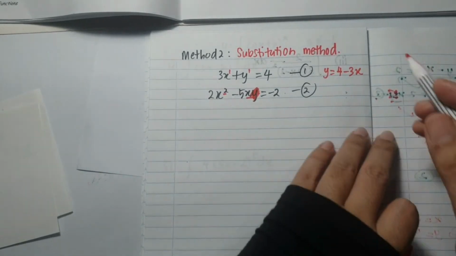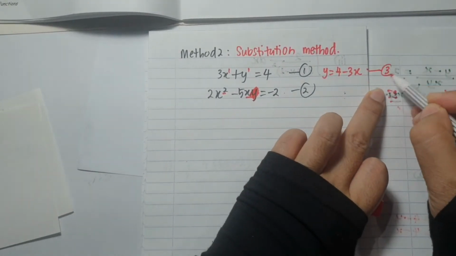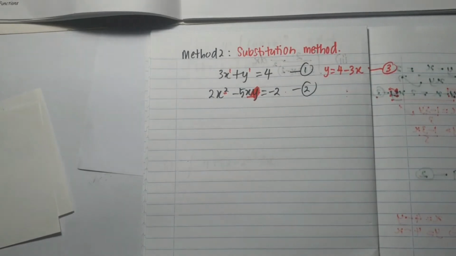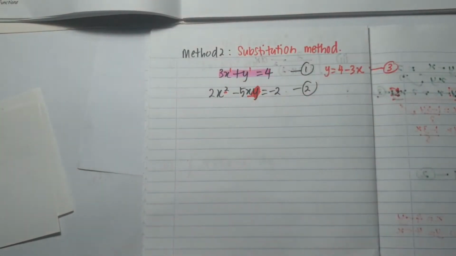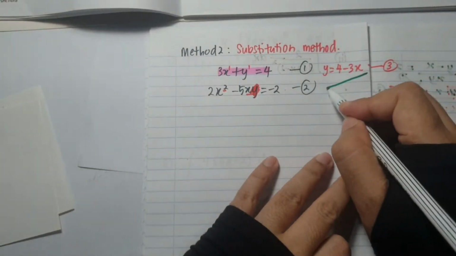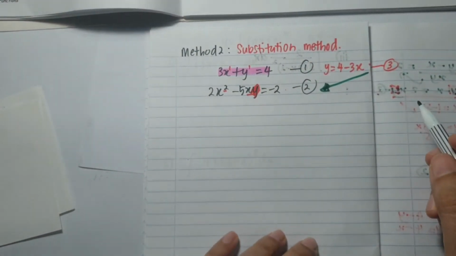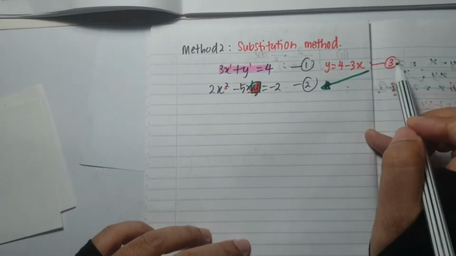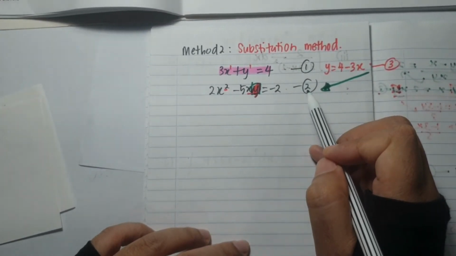Okay, next. So this one, let it be your third equation. So we touch already this equation. This one touch, right? Okay, so this one tembak masuk dalam ni. Substitute the third equation in the second equation.